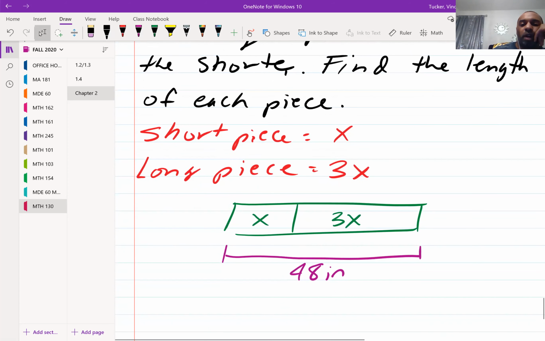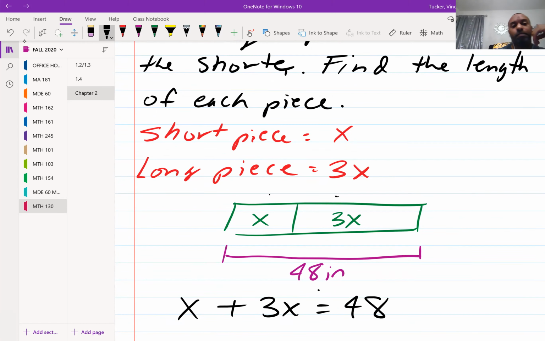So if you're writing an equation with this diagram in mind, we have the short piece plus the long piece equal to a total of 48 inches. So x plus 3x is equal to 48.